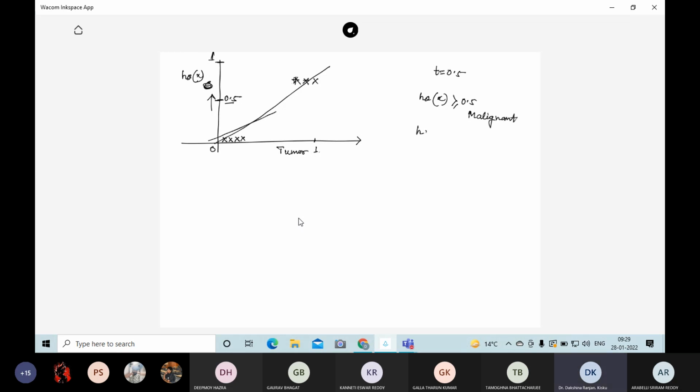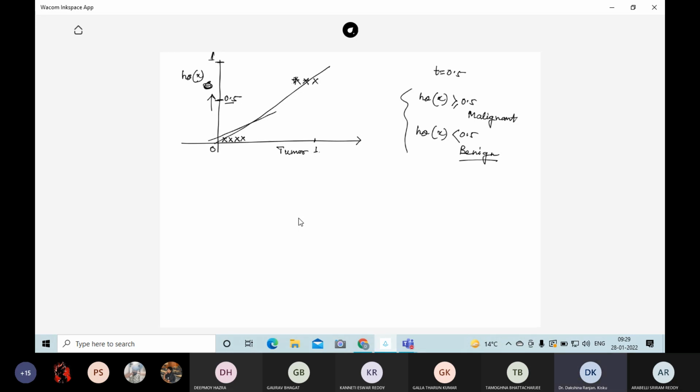Otherwise, when h theta x is found to be less than 0.5, then the predicted value will become benign. So these two class levels are available with us.